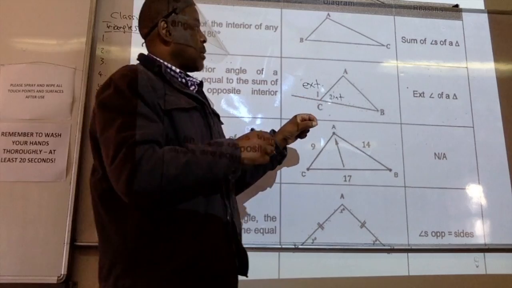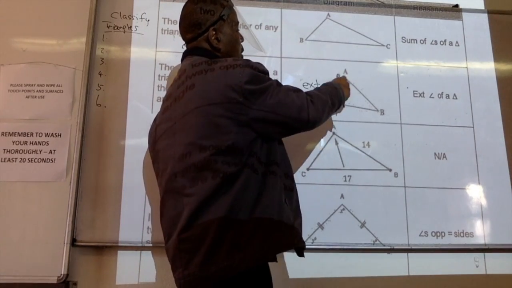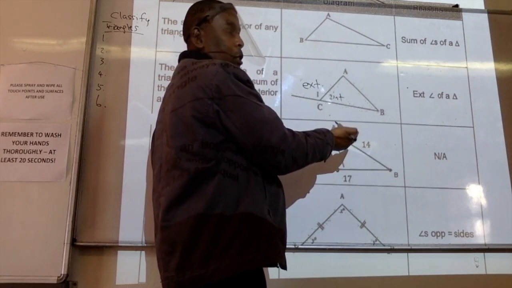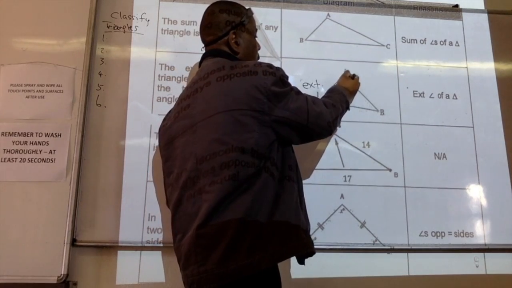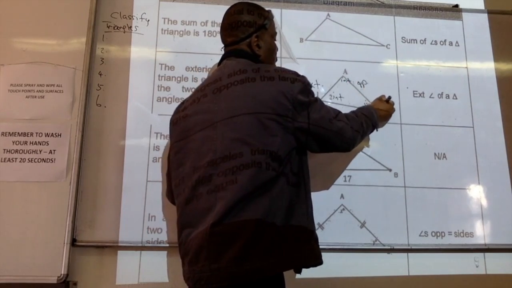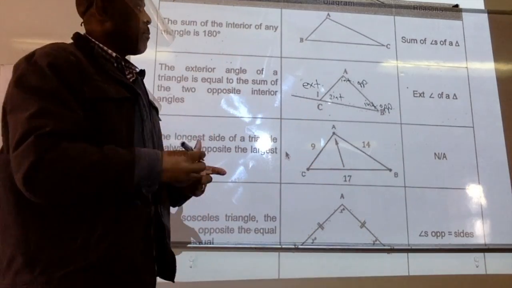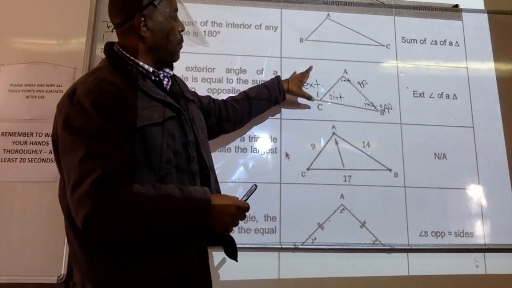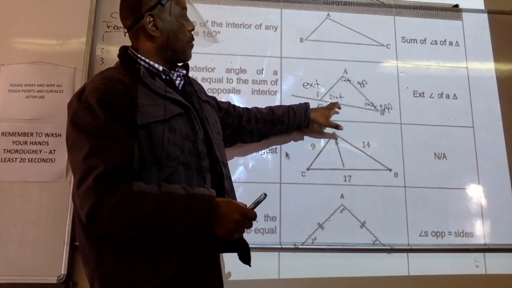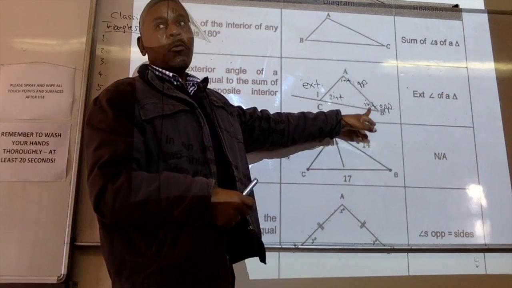Relative to this situation, these are interior but opposite. So we can refer to this one as interior opposite, or opposite interior. It doesn't matter. So this is exterior, this is interior, and these are interior opposite.